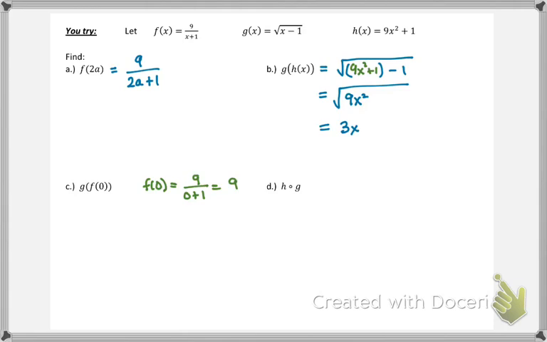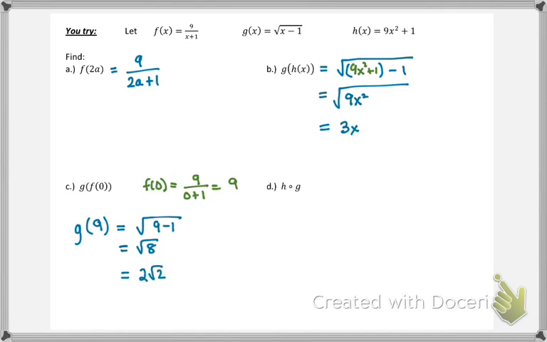And then I'm evaluating g of f of 0, which we figured out was 9, so I'm really trying to figure out what g of 9 is. So that's going to be the square root of 9 minus 1, square root of 8, which we can simplify. 8 is 4 times 2, the square root of 4 is 2, so 2 radical 2.